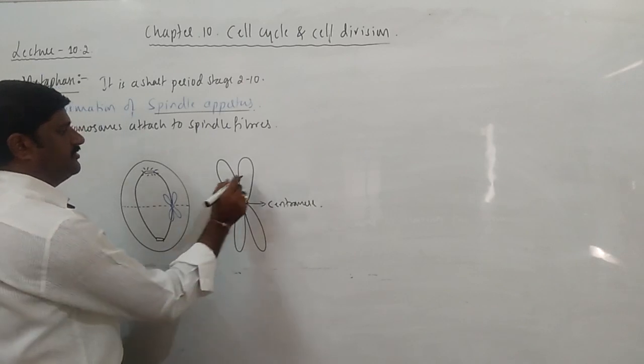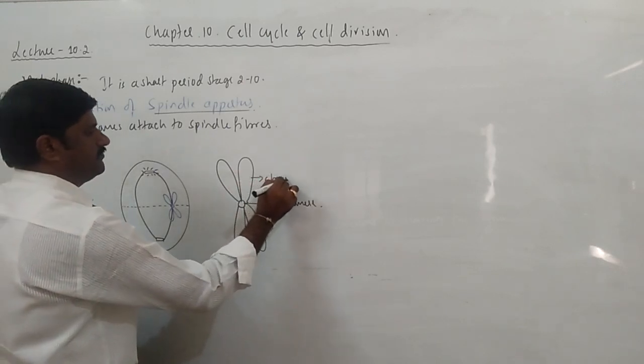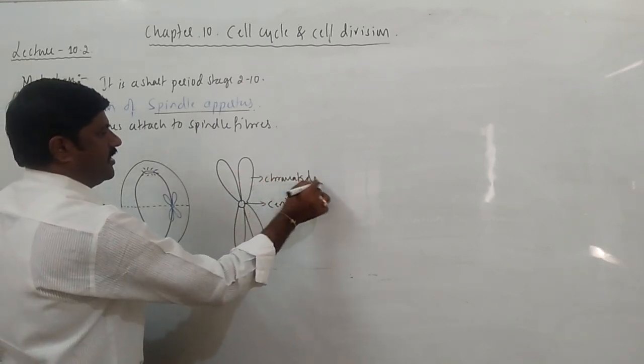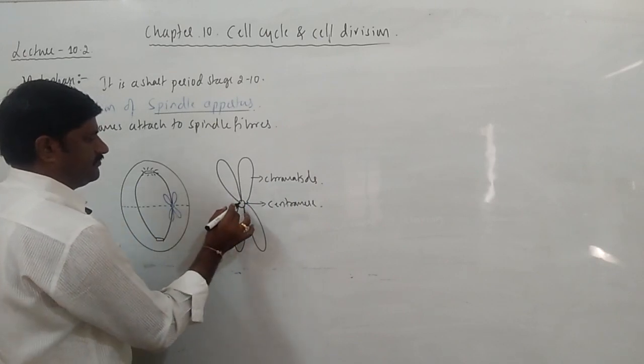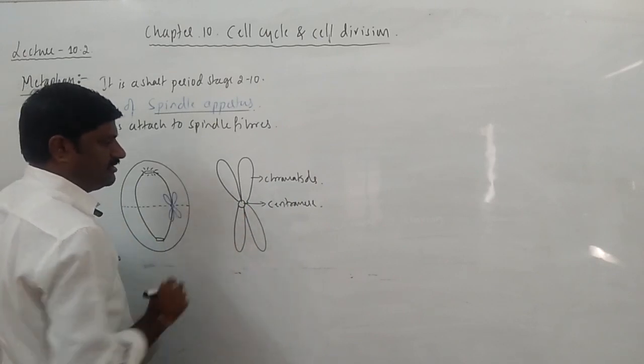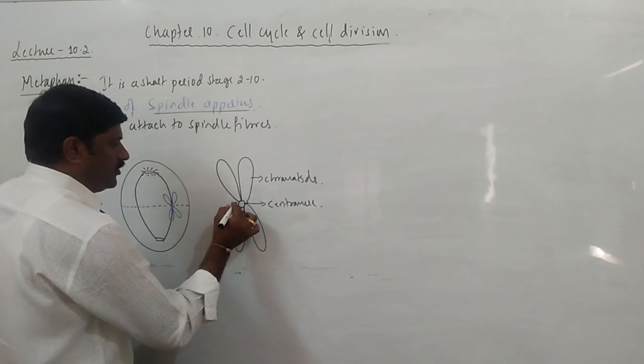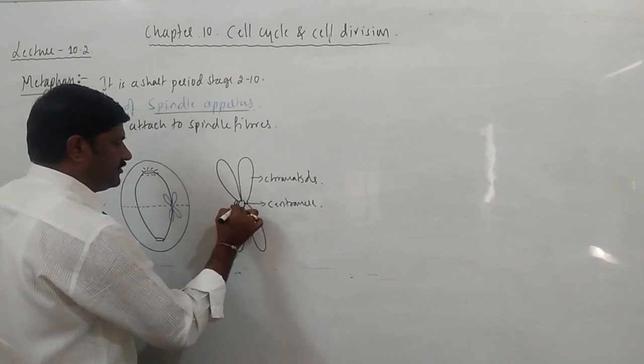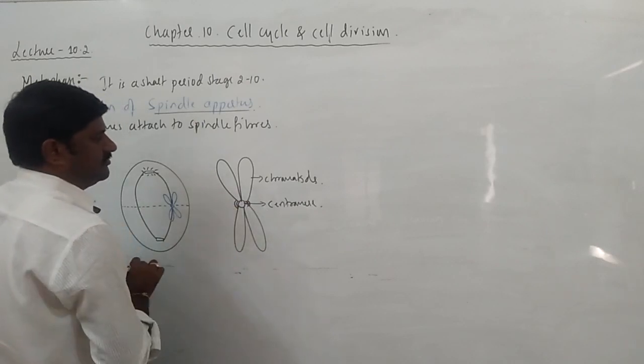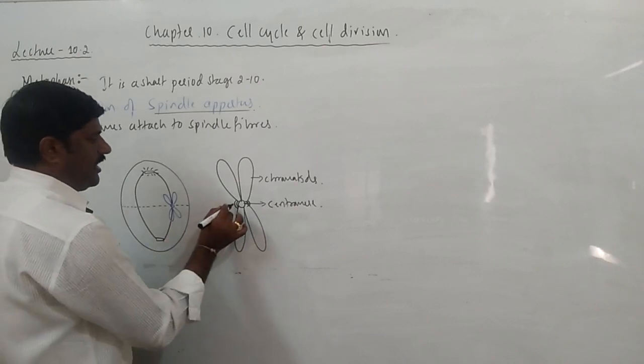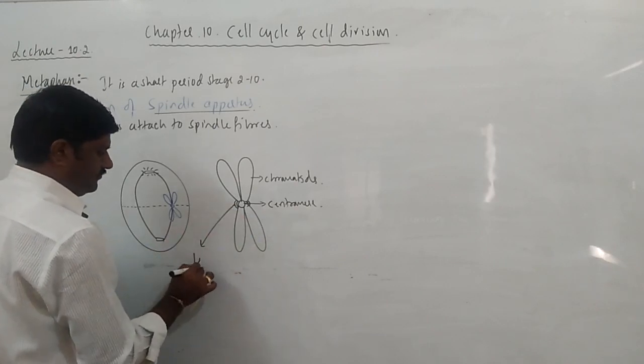These are chromatids. Chromatids are attached to the centromere. It is also called the primary constriction, to which a disc-shaped structure is attached on the centromere, and it is called the kinetochore.